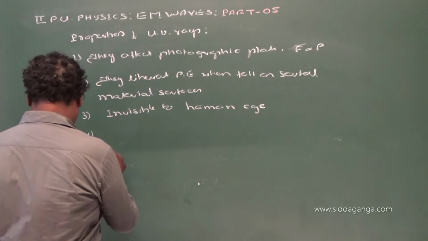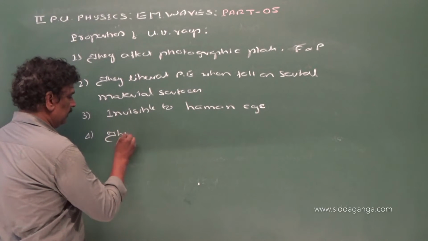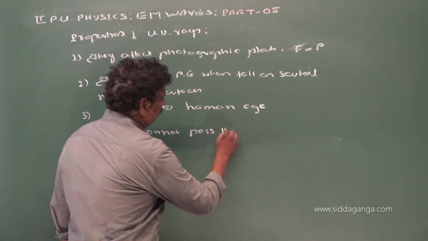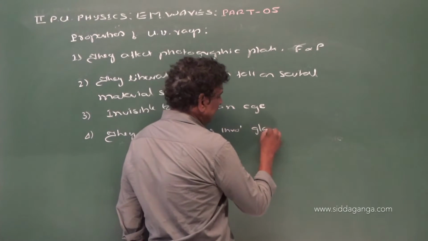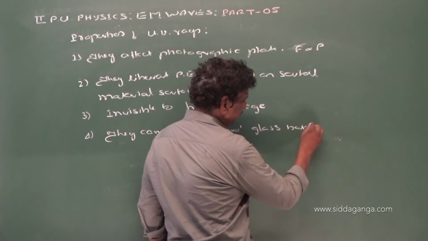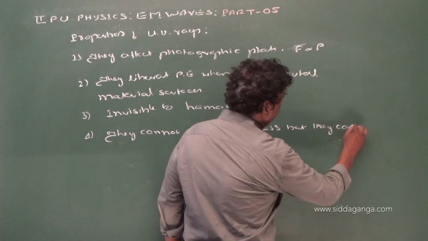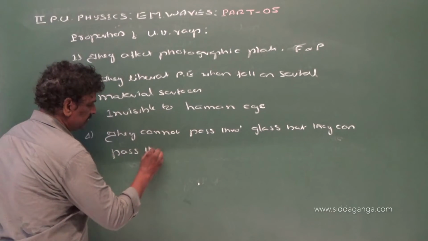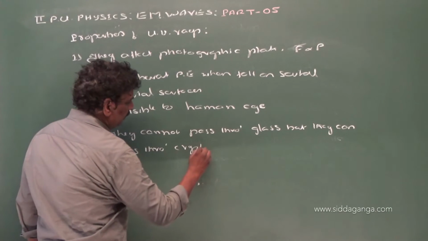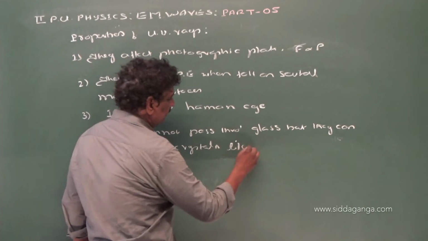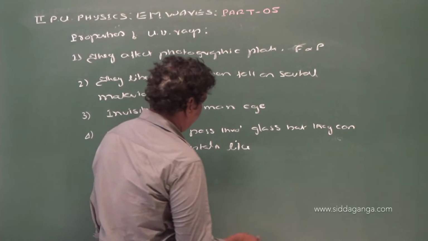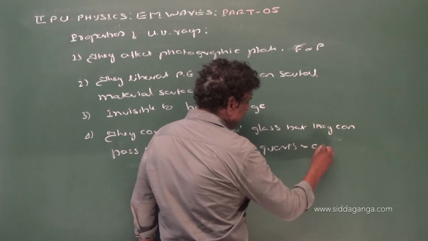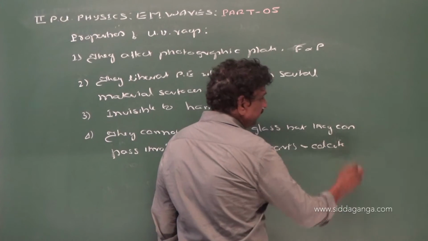Now the fourth one, they cannot pass through glass, but they can pass through crystals like quartz and calcite.